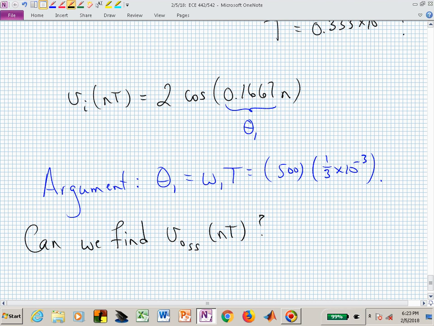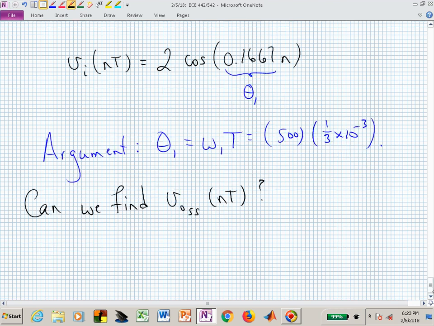We want to know how this low-pass filter is going to change or respond to being shaken by this sequence of numbers that will be a cosine of amplitude 2, and we know how that is shaking with time. We have its radian per sample angle, or its frequency.